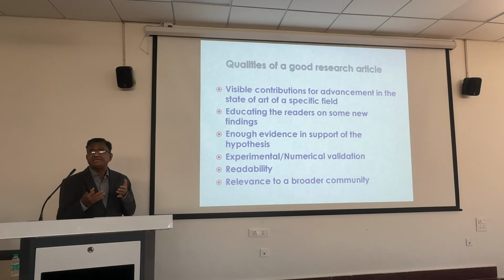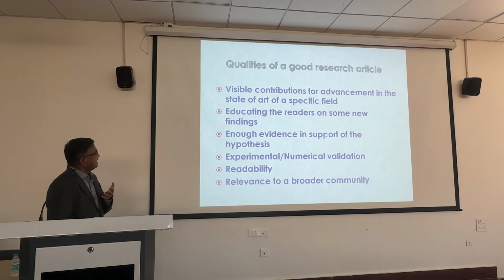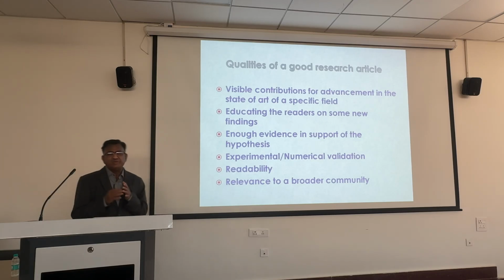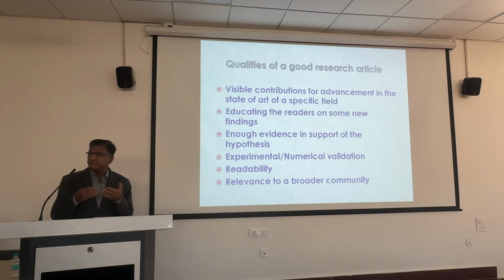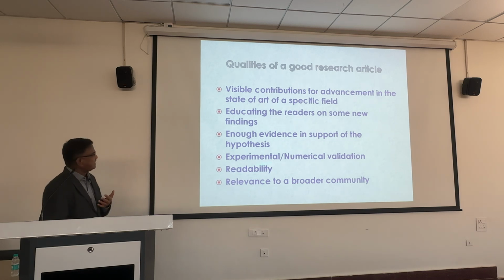When he reads the paper, he should be able to understand it and grasp the idea and the novelty. Second, enough evidence in support of the hypothesis. You may give a new idea, new method, new process, but we should provide enough support. Unless we give that, the paper cannot be considered for publication.